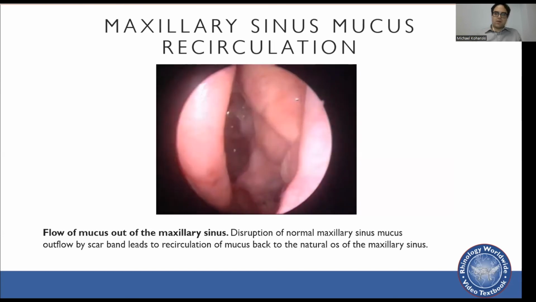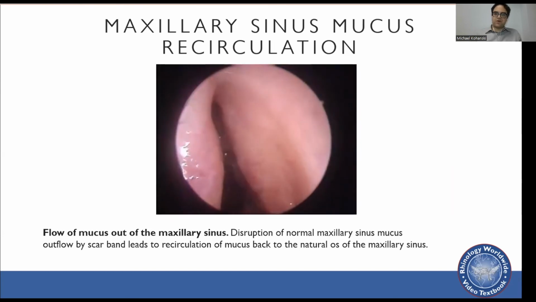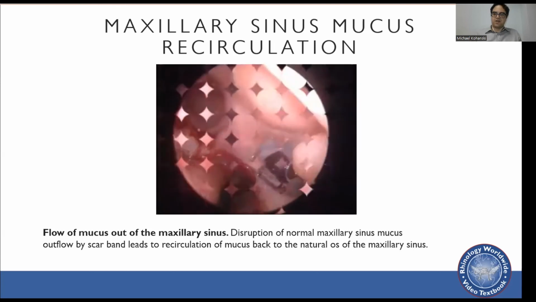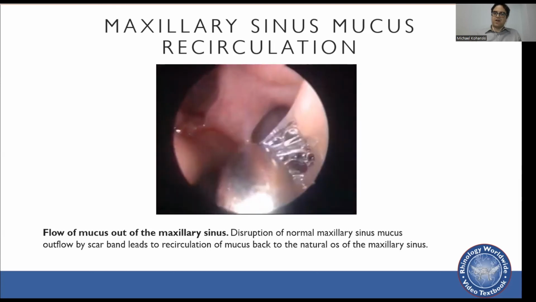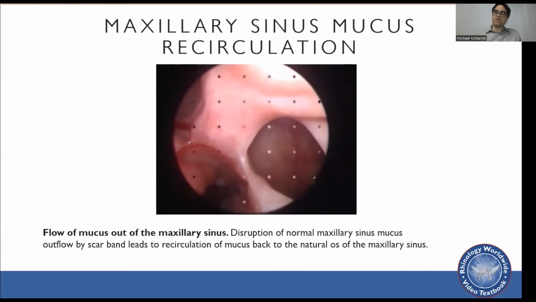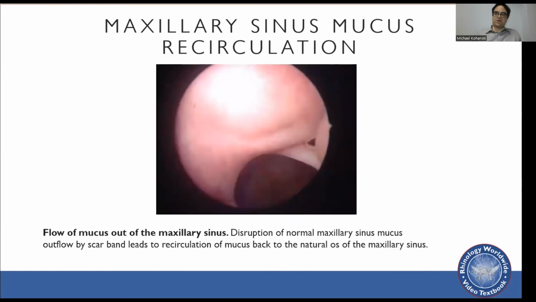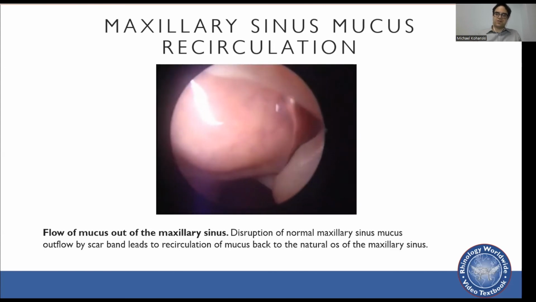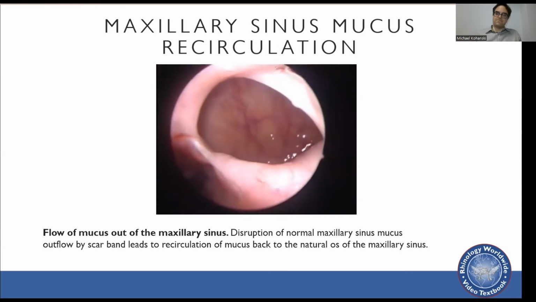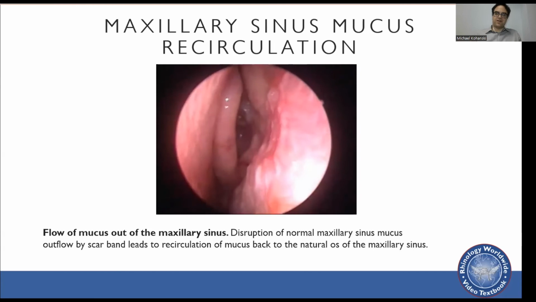So with the maxillary sinus, where the direction of mucus flows toward the natural os, so against gravity, there can be a situation where the mucus can recirculate into the sinus, called maxillary sinus mucus recirculation. This can occur, as seen here in this video, when there's a scar band that forms after the maxillary sinus has been opened.